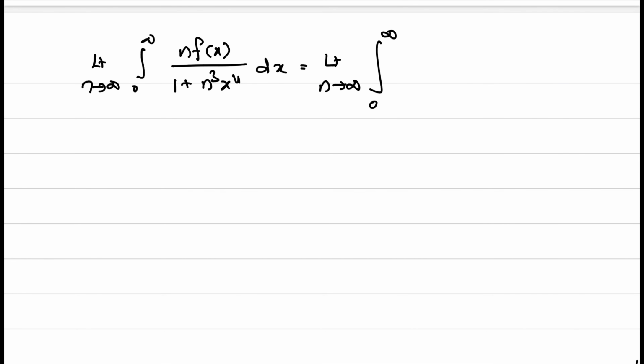Here it is not infinity in the given problem, it is 1 by 1 plus n to the power of 1 by 3.